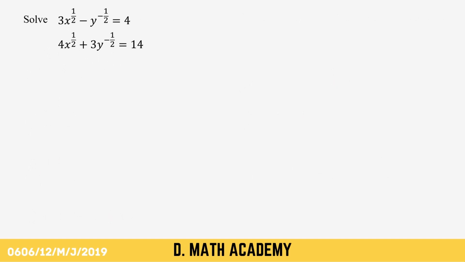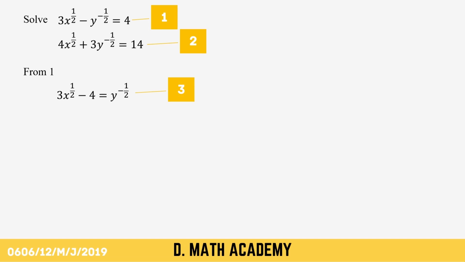The next example here is simultaneous equation, and I adopted the substitution method. I arranged everything from equation 1 and I got y to the power of negative 1 over 2 equals 3x to the power of 1 over 2 minus 4.